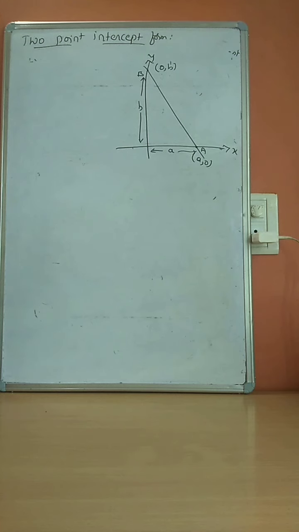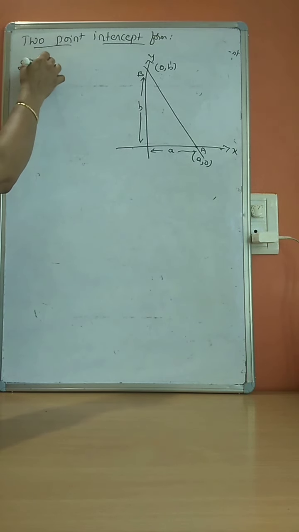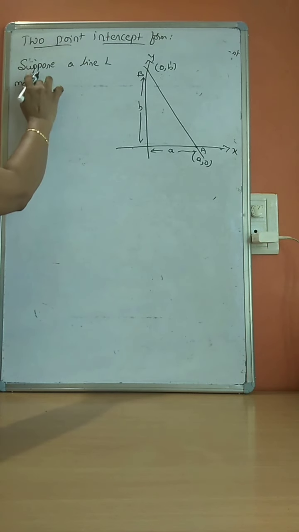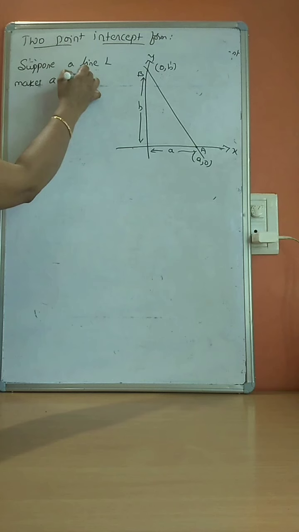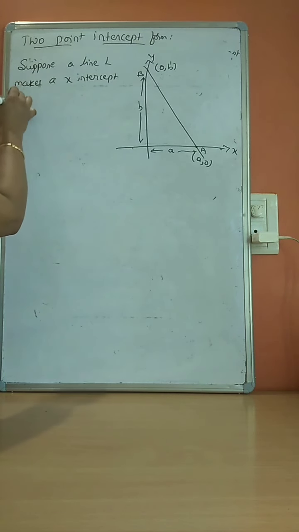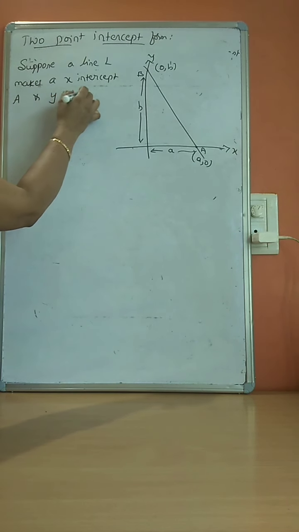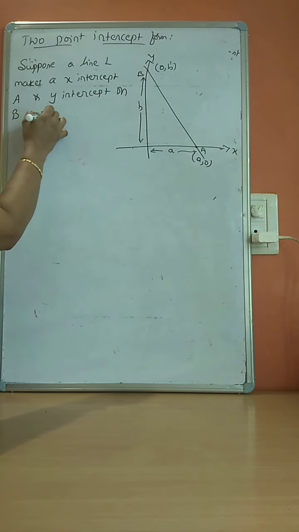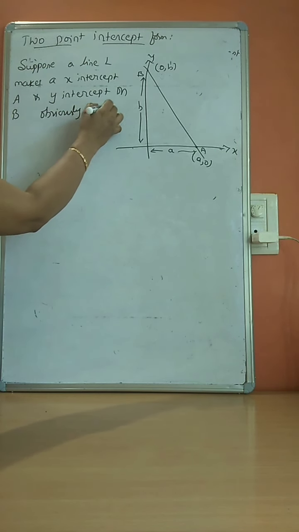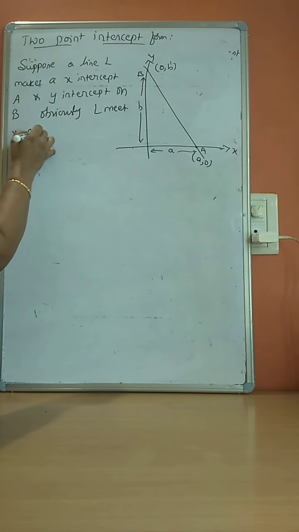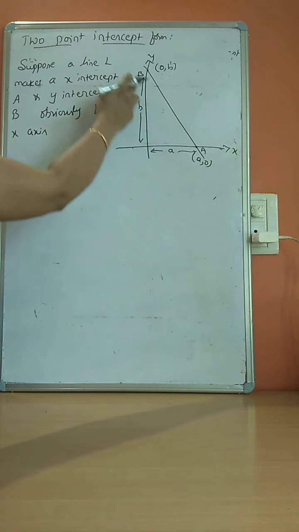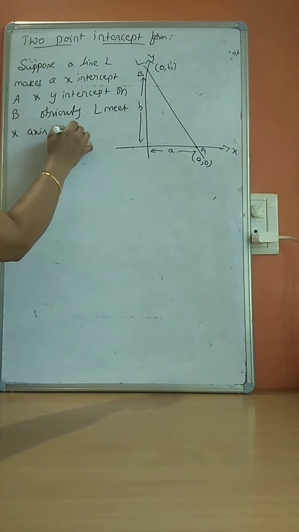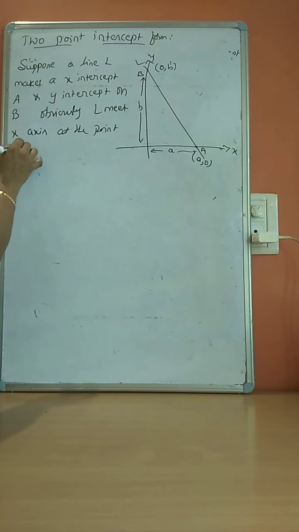Okay, so let us write this as a first sentence. Suppose a line L makes x-intercept a and y-intercept b. Obviously, L meets the x-axis at the point a comma 0.